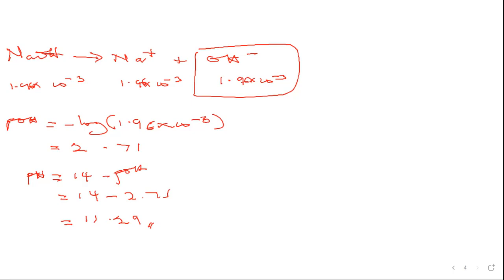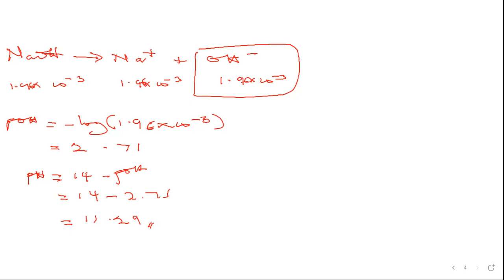Okay. Let's base our attention right now on buffer solution. Buffer solution is simply any solution that is able to resist change in pH upon addition of small amounts of acid or base.